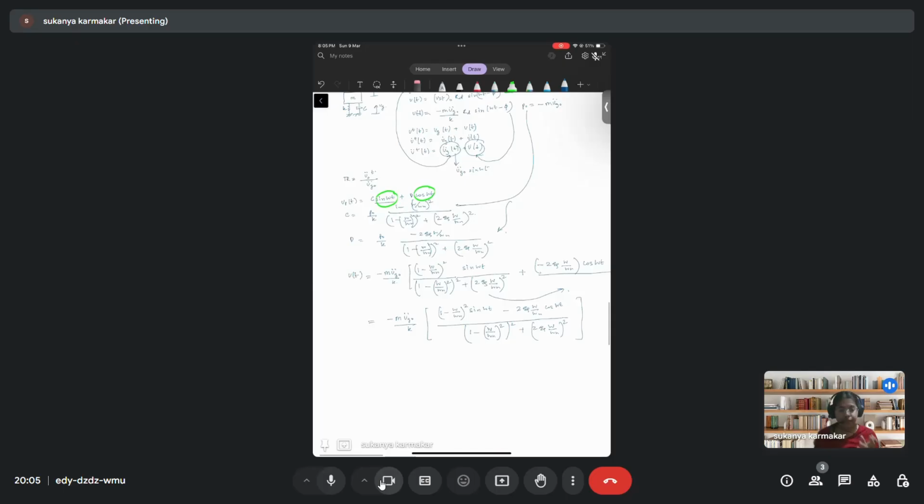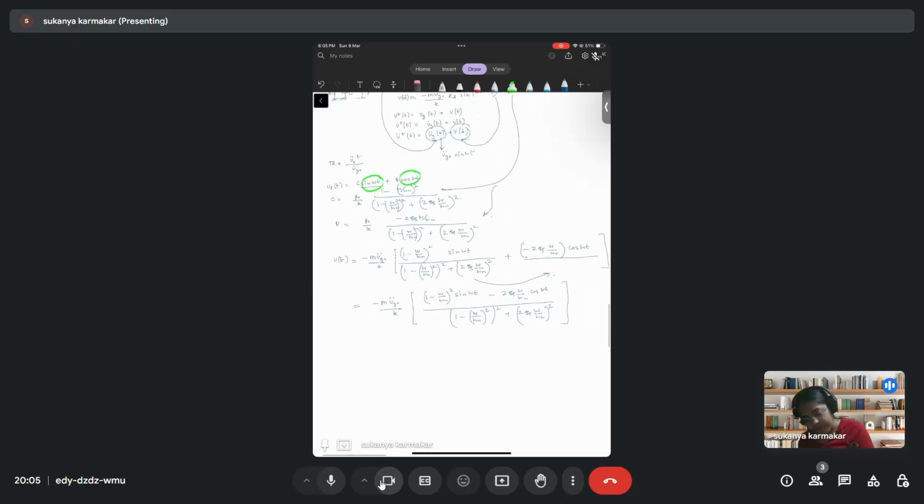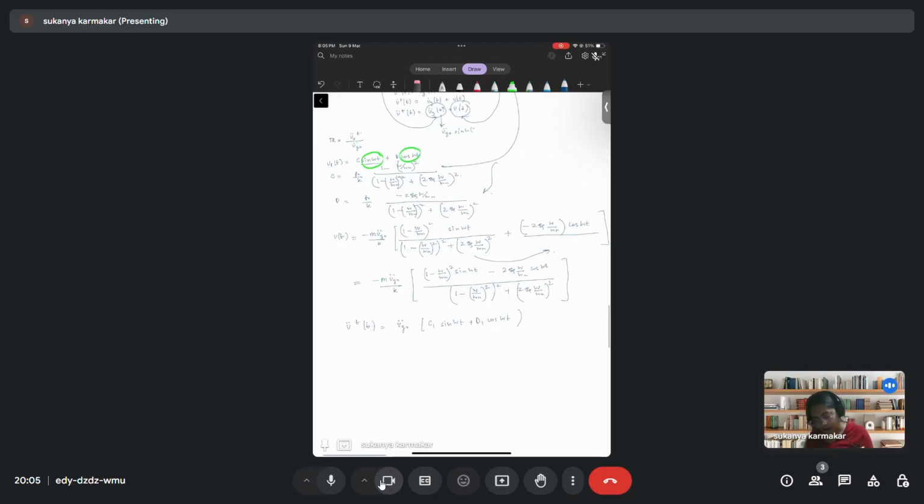Now if you differentiate it, it will be of the format u double dot t is you will have this ground acceleration term, plus c1 sine of omega t plus d1 cos of omega t, where c1 and d1, I will give you the forms of c1 and d1.